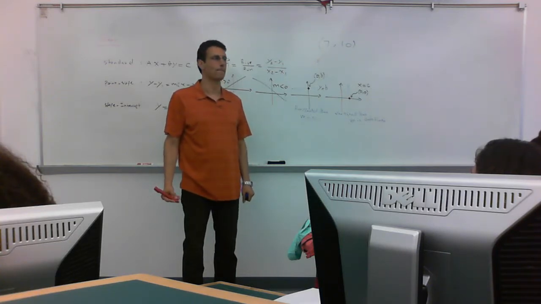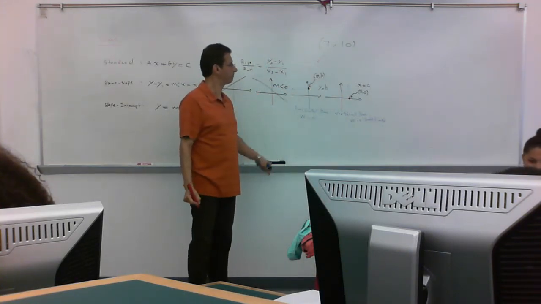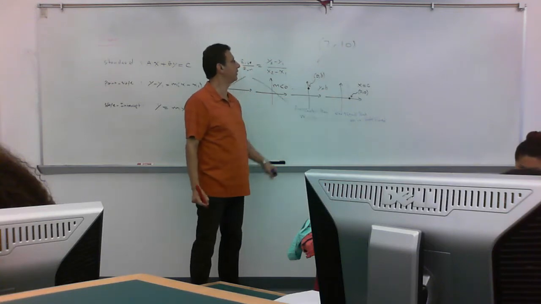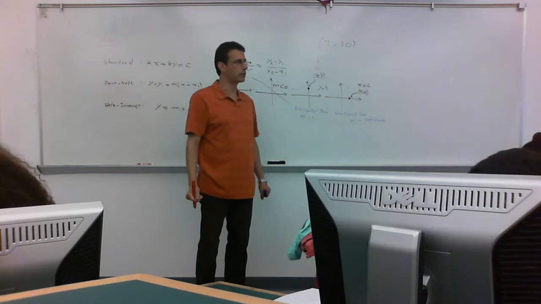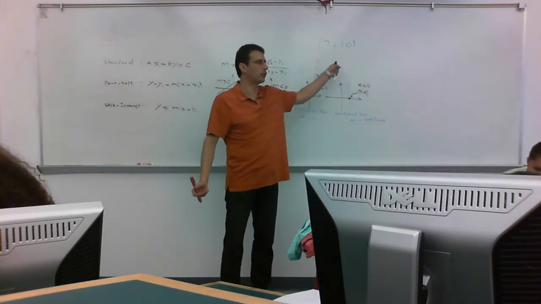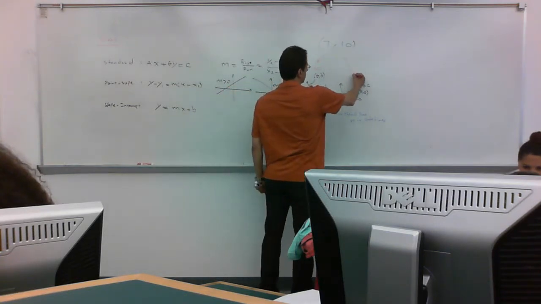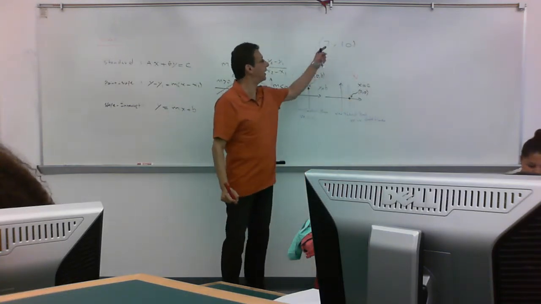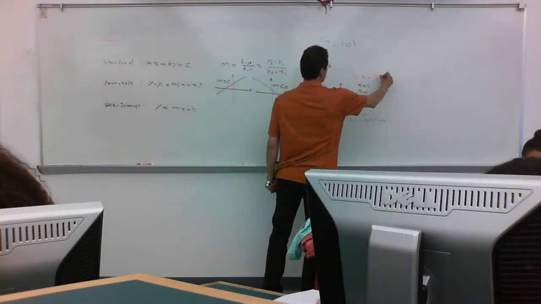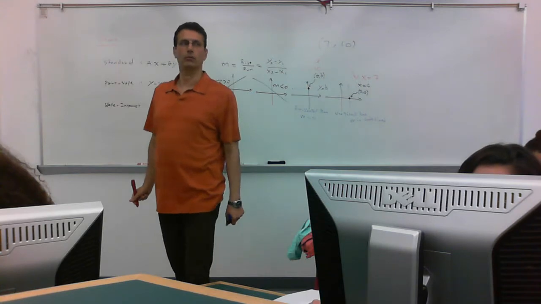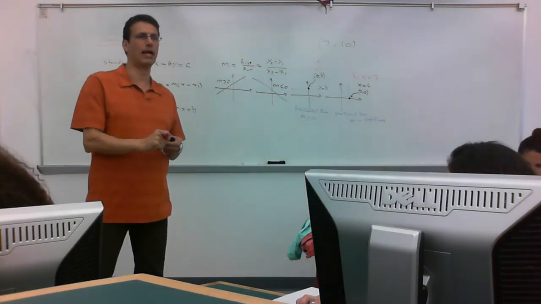Anyone? y equals b. What is y? Isn't y constant? And if y is 10 here, y must be 10 for that horizontal line. What about a vertical line containing this point? Perfect. So that's something you need to know. Does that make sense? Is everybody okay with that?